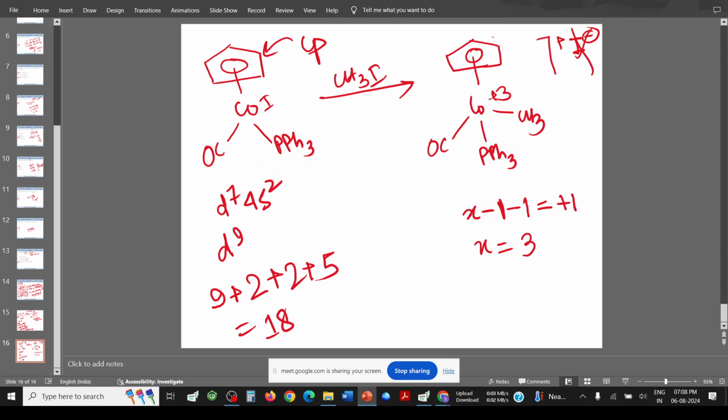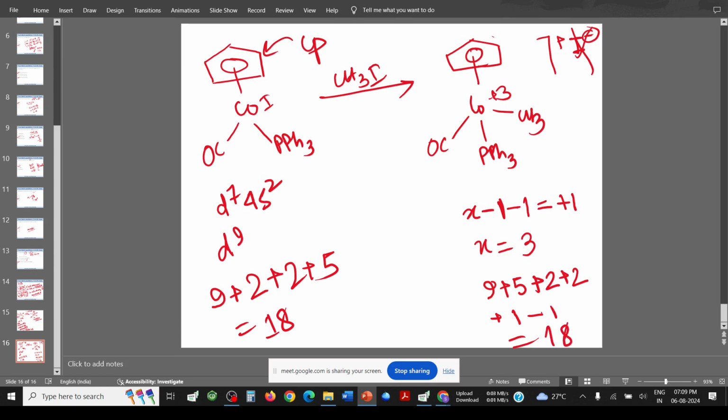So for the cobalt it is again the same, 9 electron plus Cp contributed 5 plus CO 2 plus PPh3 2 plus methyl 1, and we have our overall charge +1, that will be -1. Here again also we have 18 valence electron.